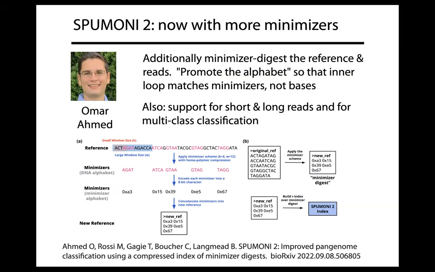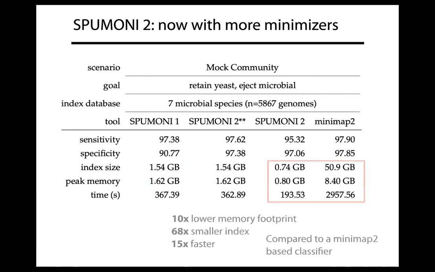Okay, I'll go quickly through this part, but just earlier this week, we posted a preprint that combined the ideas of Spumoni with a second idea, which is to apply minimizer digestion to both the reference database and the reads as they come in. This also has some other improvements which make the method more appropriate in a multi-class classification setting, not just a binary classification setting. And for more information, you can check out the paper.